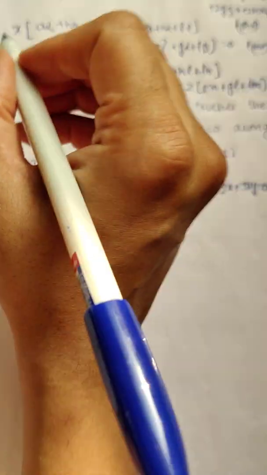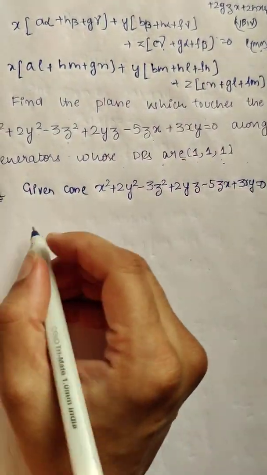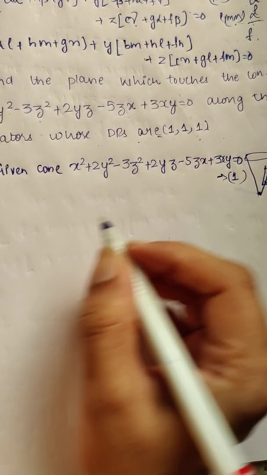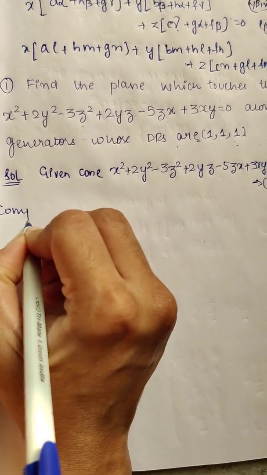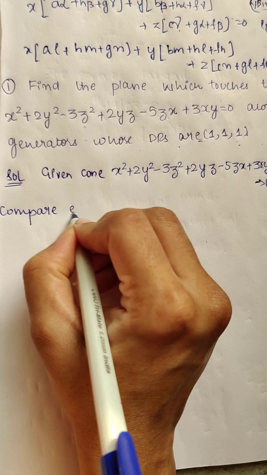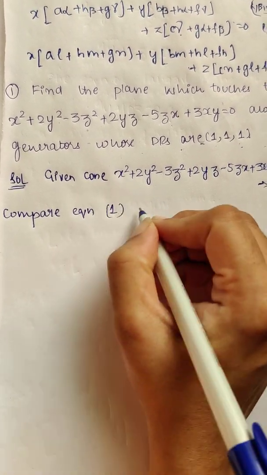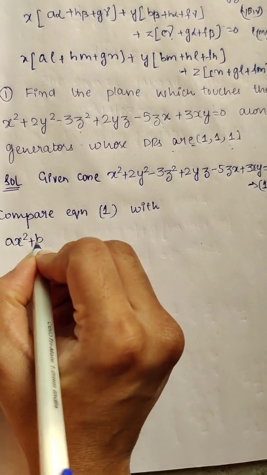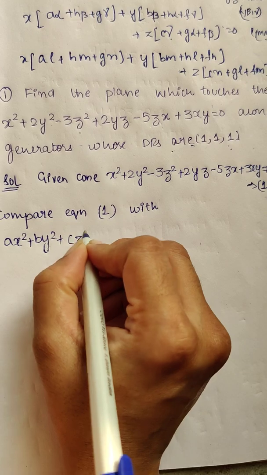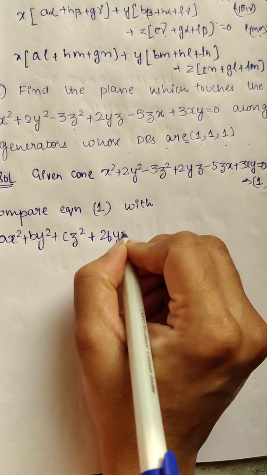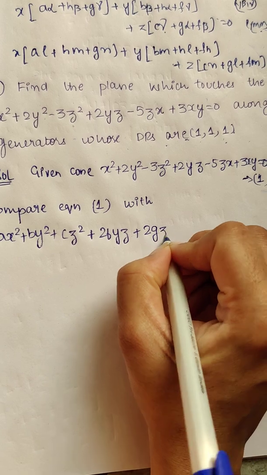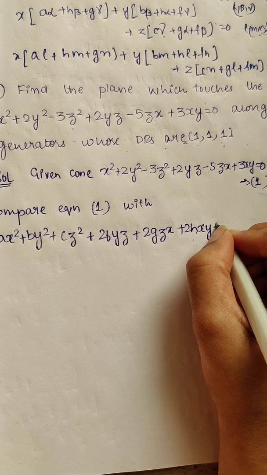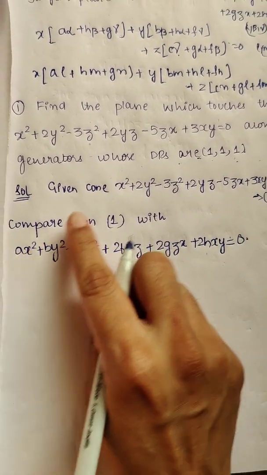Because I need A, B, C and F, G, H, I keep this as equation 1 and compare equation 1 with ax² + by² + cz² + 2fyz + 2gzx + 2hxy = 0.